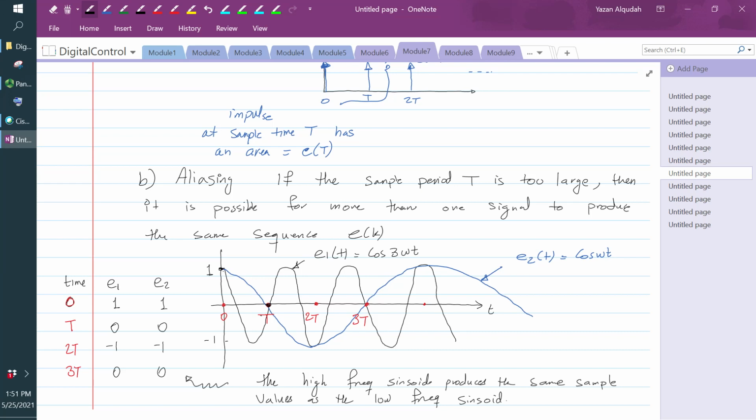So for faster signals, I'm going to have to sample at a higher rate. For slower signals, I can sample at a lower rate. Nevertheless, the sampling period is always related to how fast the signal is.